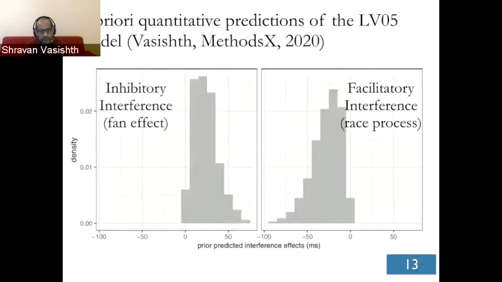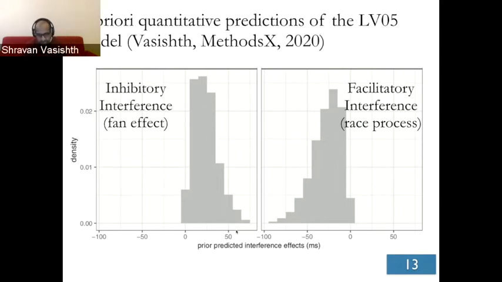So that's basically the theory, right? What I'm showing you now are quantitative predictions from the Lewis-Vasishth model. For the fan effect that I explained earlier, I generated a distribution of processing times in the fan effect condition versus the baseline condition.